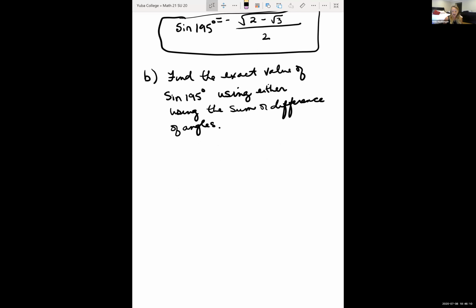Because this is where we kind of have to manipulate 195 to be 2 angles that we know. And so just kind of play with it. So let's just come down here and play with it.